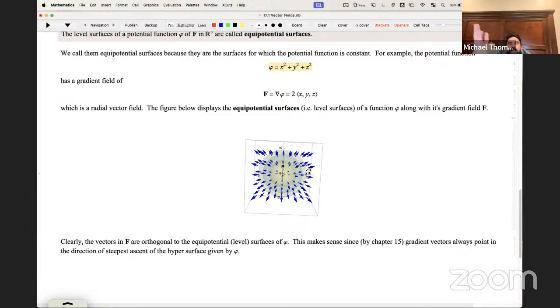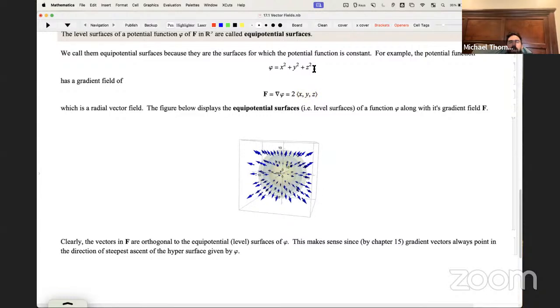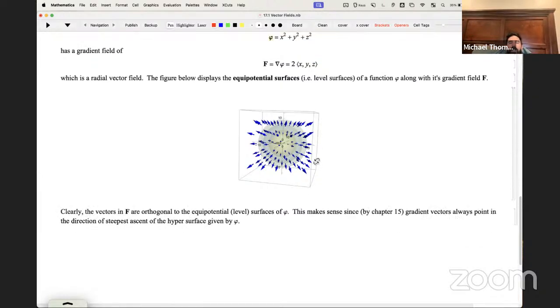So even though we can't see what direction that is, as far as the 4 dimensions needed to graph this, we do know that if we move in this direction, outward away from the origin in the XYZ direction, our hypersurface will increase in hyperheight the fastest.